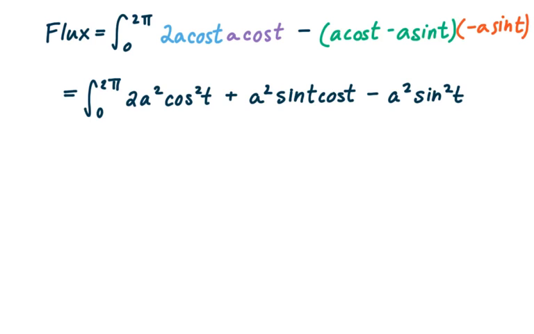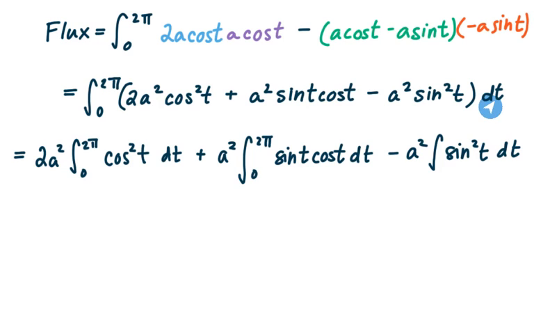To integrate these three terms, the first term we would reduce with one of those double angle identities. We'll say 1/2 times the quantity 1 plus cosine of 2 theta. For sine squared, we'll use a similar identity, 1/2 times the quantity 1 minus cosine 2 theta. And this middle term, we will use a substitution.